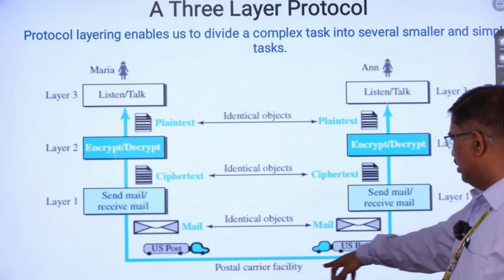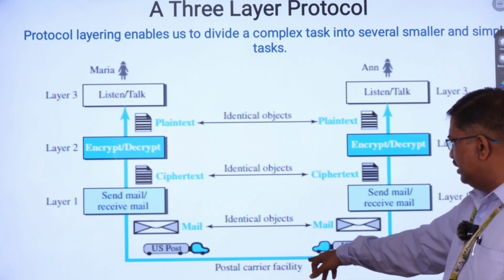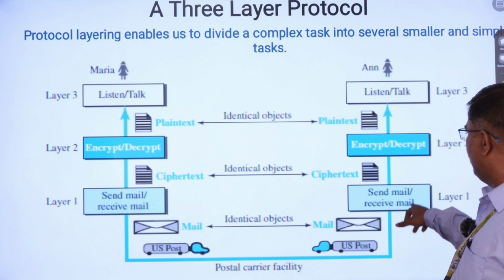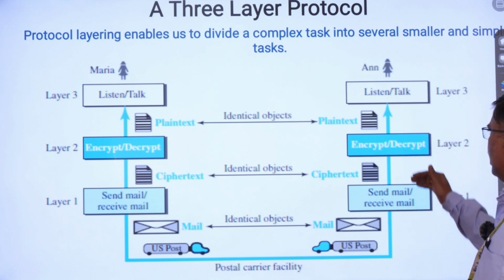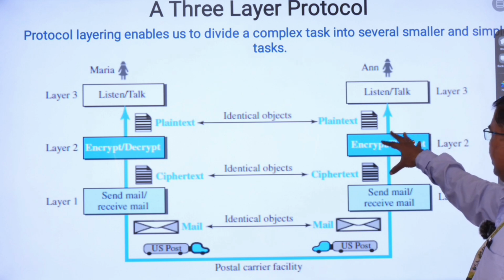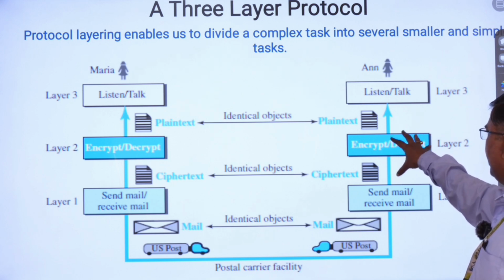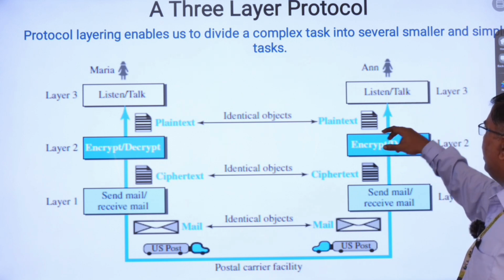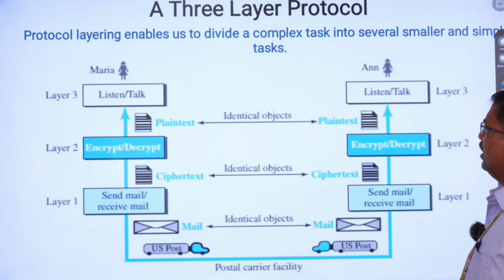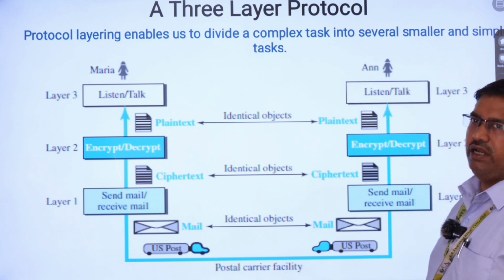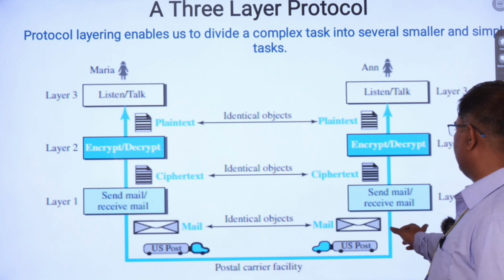So here, the medium will transfer the data, and that will be accumulated here, and that mail will reach layer 2. Here the encryption and decryption of data will be done, and then Anne is able to listen to what Maria communicated. This is the way we can approach a complex task.